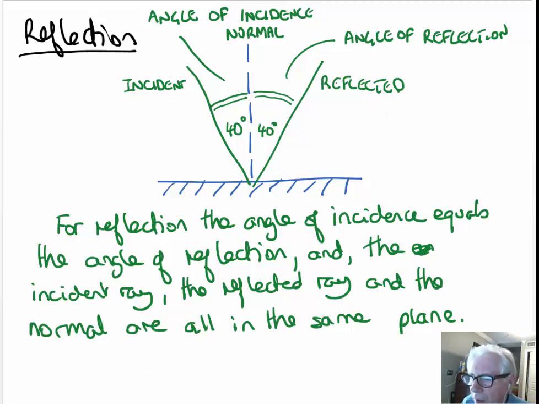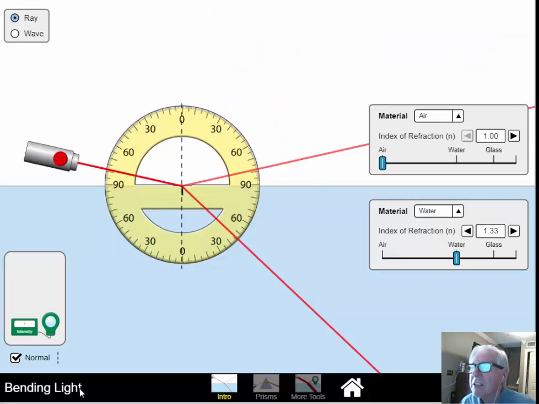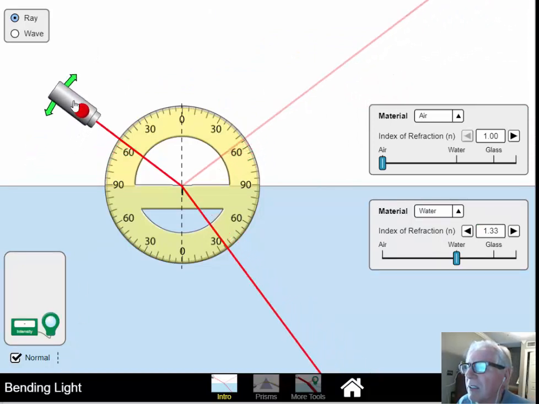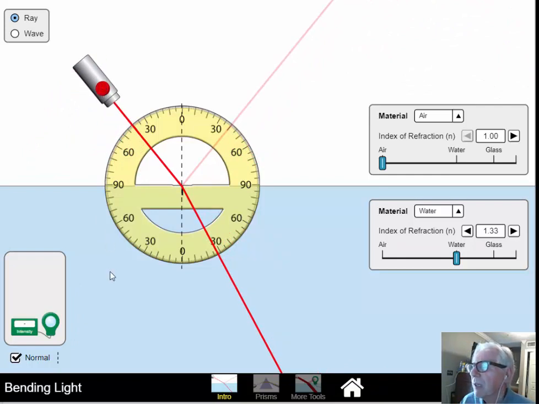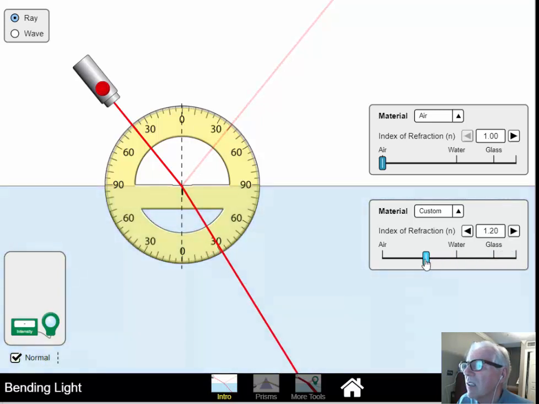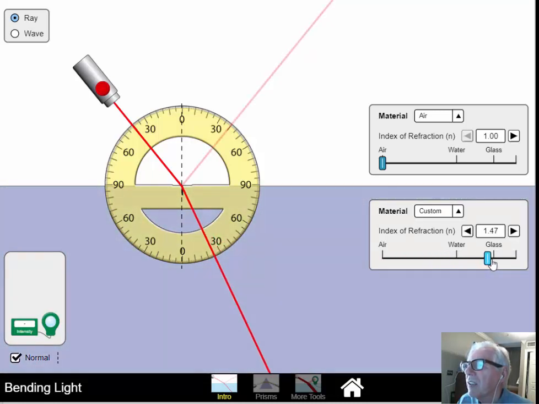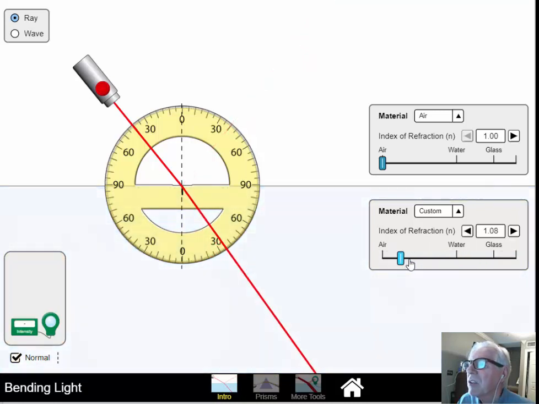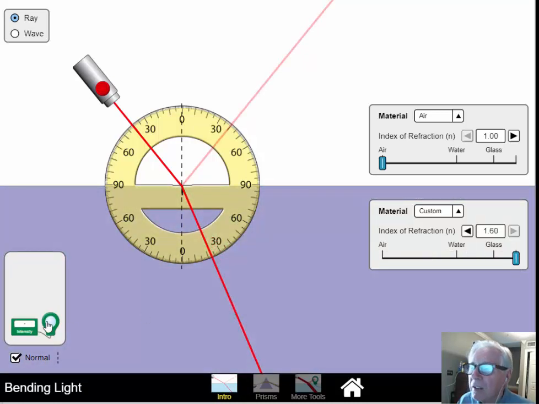So going back to our program, we've seen this. Now let's play with this a little bit. What's going on here? Well, I'm getting reflection from an optically denser material. If I actually change the material refractive index, it seems to me that the reflected ray is getting stronger.